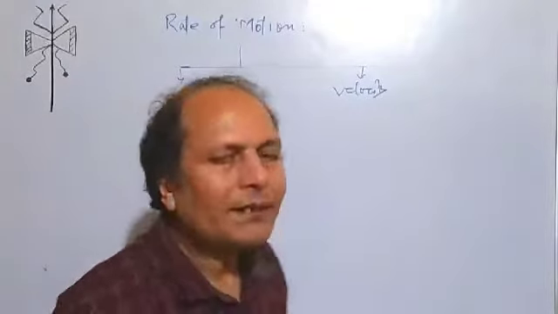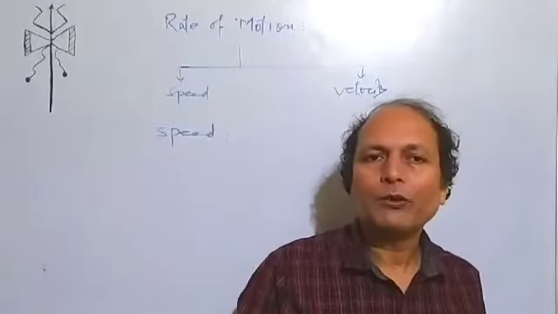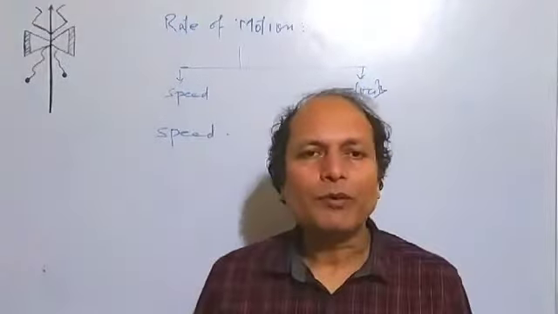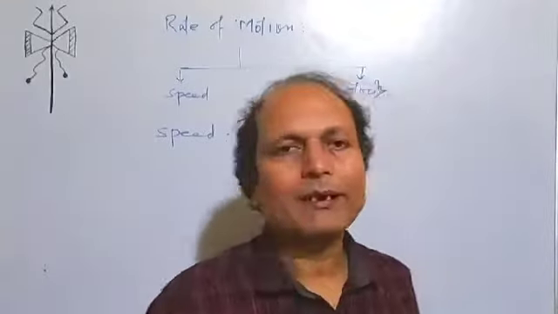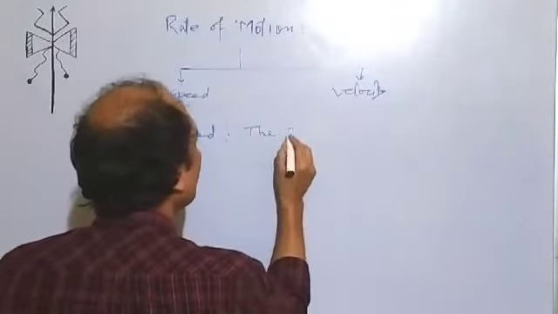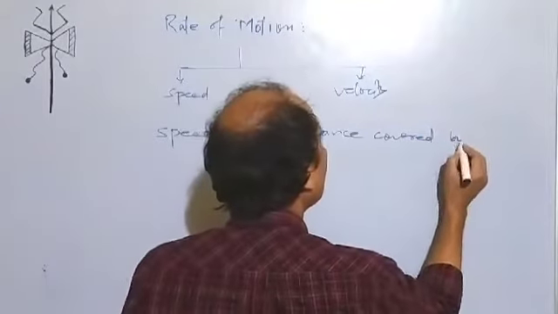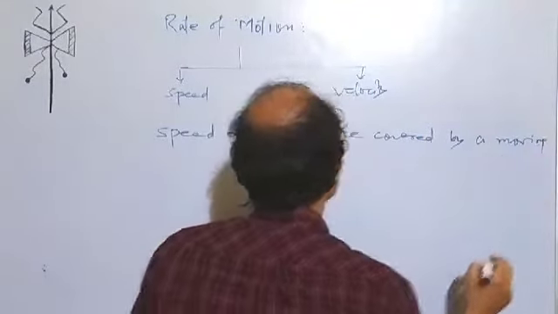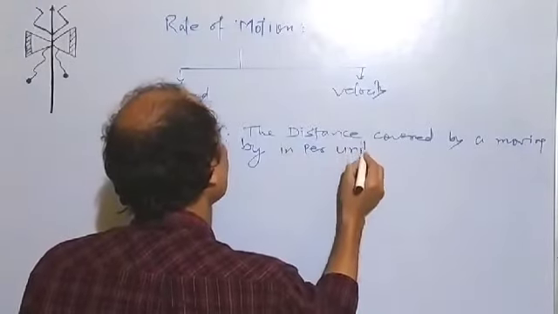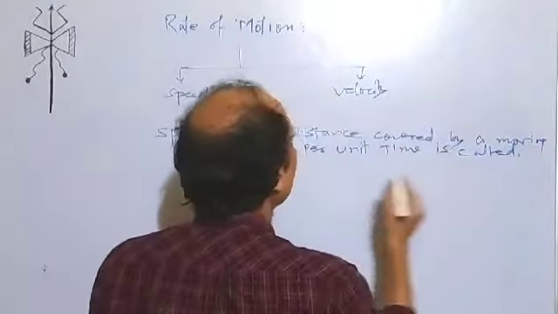Speed. In the case of speed, I will tell you here that distance covered by a moving body per unit time is called speed.